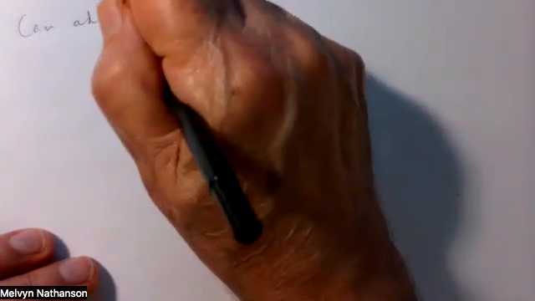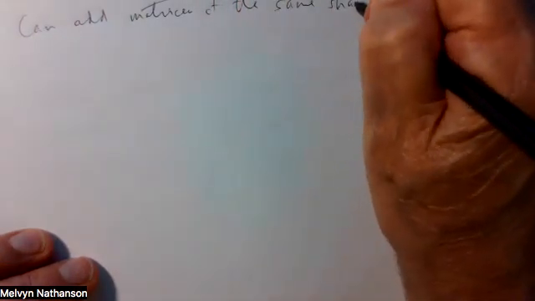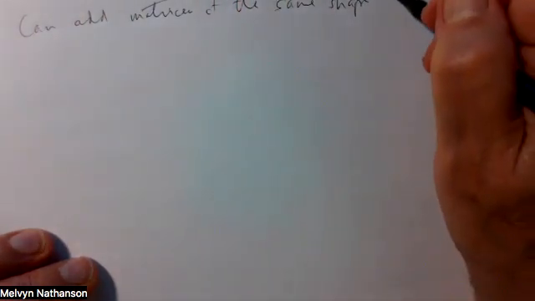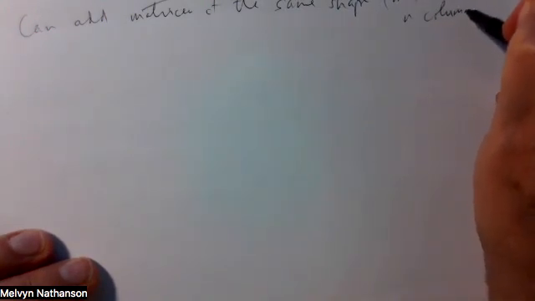And there is a kind of elementary algebra of matrices. You can add matrices of the same shape, that is m rows, n columns.